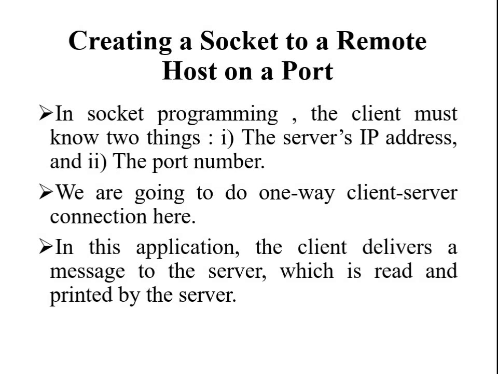We are going to do a one-way client-server connection here. In this application, the client delivers a message to the server, which is read and printed by the server. Socket and ServerSocket are the two classes utilized in this example. Client and server communication is handled by the Socket class. We can read and write the message in this class.